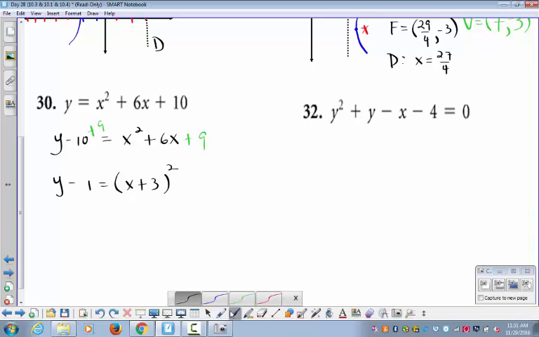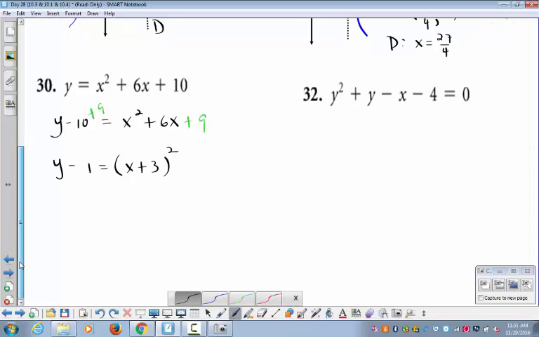Who knows what P is going to be? I'm going to reorder this just so that it's in the same position as the equation. And again, we have a coefficient in front of the linear side of 1, so P will be 1/4 again.